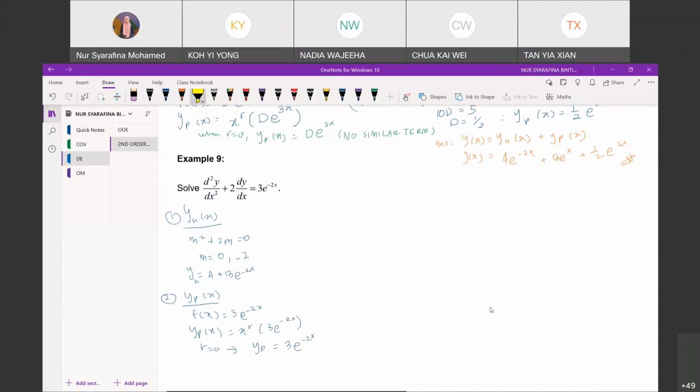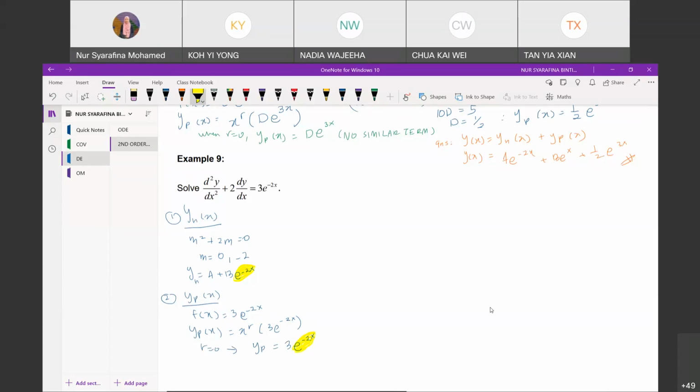As you can see, when r equals 0, I believe all of you can proceed with YH. Now let's take a look at this YP. When r equals 0, your YP is De^(-2x). This is exponent to the power of -2x, and this is also exponent to the power of -2x. This is what is meant by a similar term.